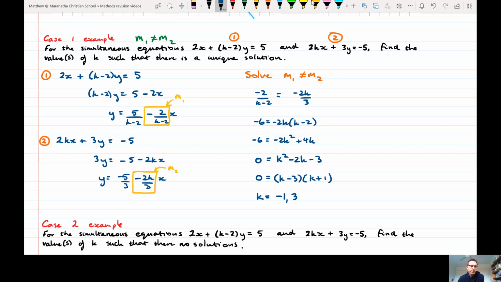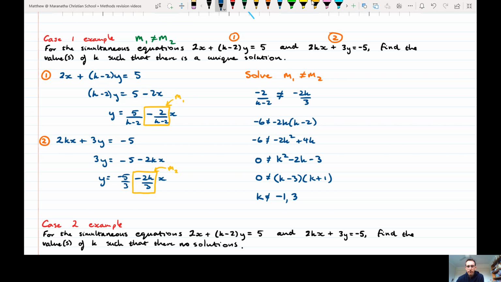So I've just found the values of k which give me exactly the same gradient. I want every other option. So really all I need to do, and what I probably should have done to start with, is put inequality signs all the way down here. So what I'm finding essentially is that k cannot be -1 and cannot be 3 if the gradients are meant to be different. So every other value is okay.